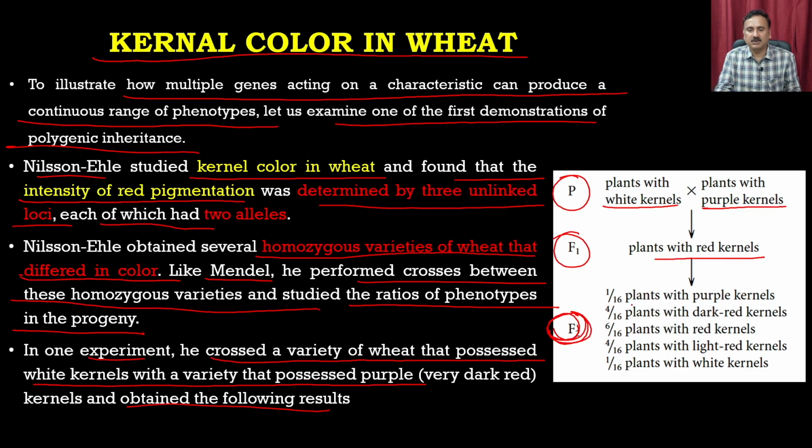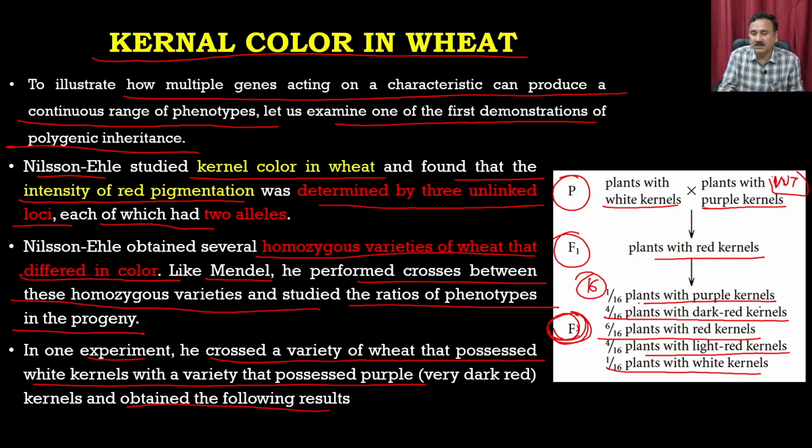Out of 16, one plant has a purple kernel, which is the wild type, like the parents. Then 4 out of 16 have dark red kernels, 6 out of 16 are red, 4 out of 16 have light red kernels, and 1 out of 16 has white kernels. So this is the pure breed, just like the parents.